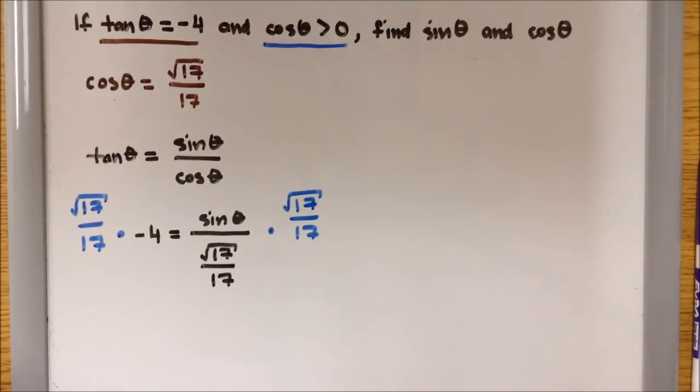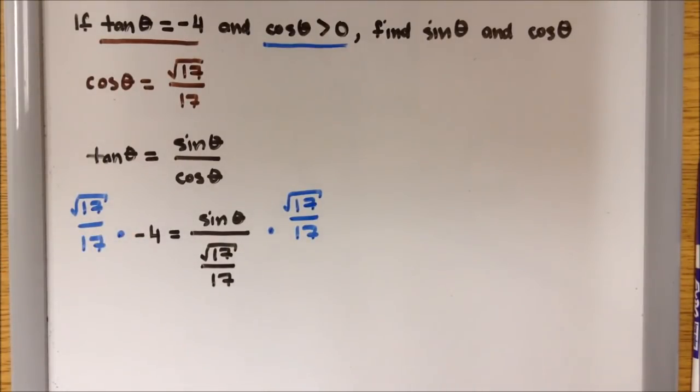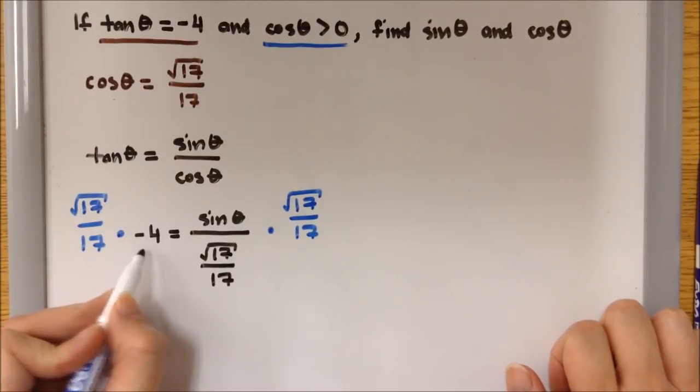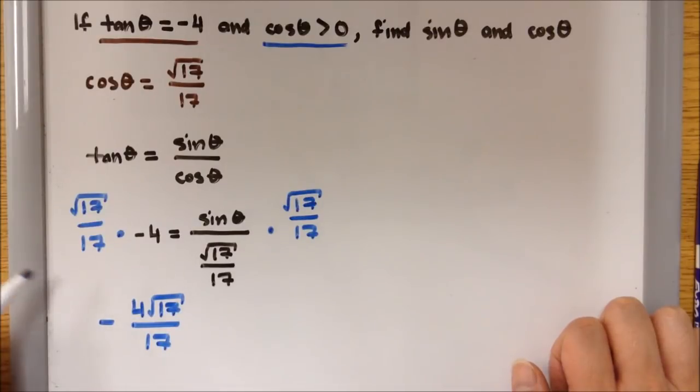So on the left side, a fraction times a whole number, all you have to do is multiply the whole number to the numerator, which in this case, negative 4 times square root of 17 will simply be negative 4 square root of 17 over 17. And you can't simplify because there's nothing common between 4 and 17. Equal.